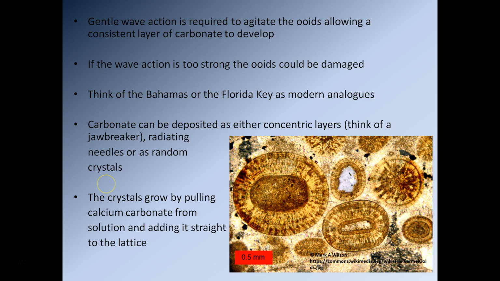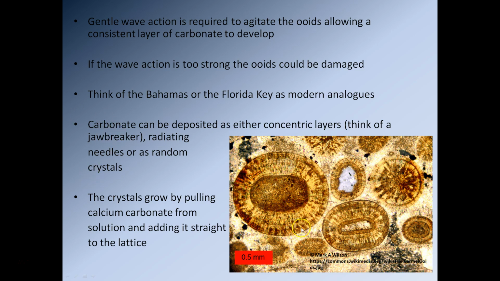Now obviously it can't be too strongly agitated, because if it's very strongly agitated, the ooids would break up. So it can only be very, very gently agitated water. Because they're constantly rolled backwards and forwards, you get layer after layer after layer of carbonate building up on the outside of the ooid. So over time the ooid gets larger and larger. Essentially it's like a jawbreaker.